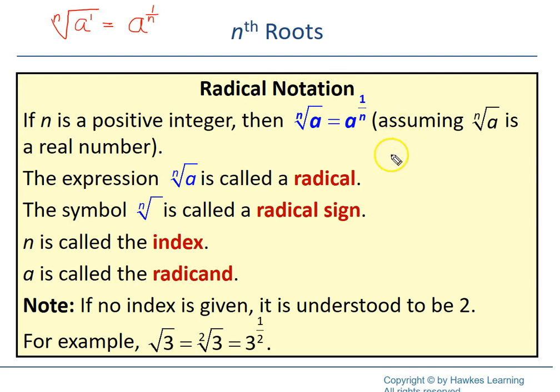And let's go over this example right here. So if we had the square root of 3, and we wanted to convert that to its fractional exponent. Now remember, since it's the square root, the index number is 2, and we have a 1 to which that 3 is raised. Every number without an exponent is to the first power.